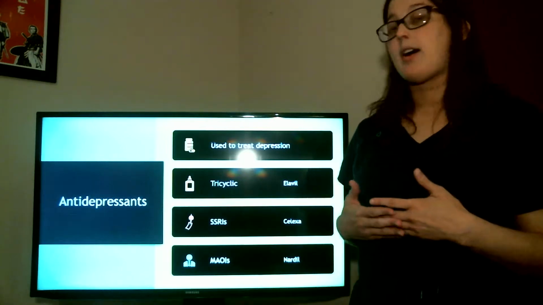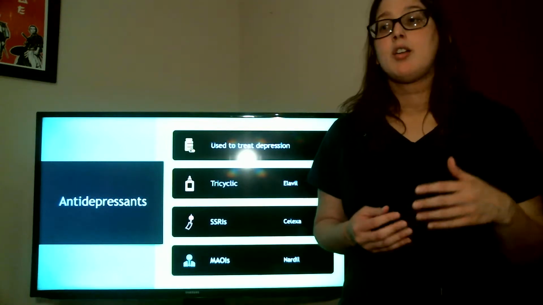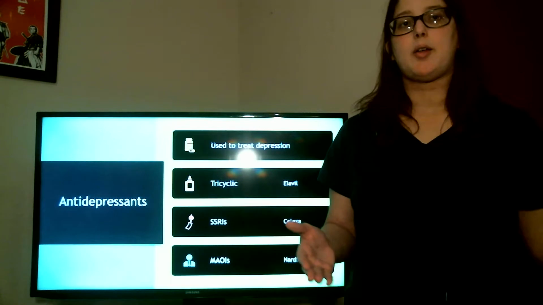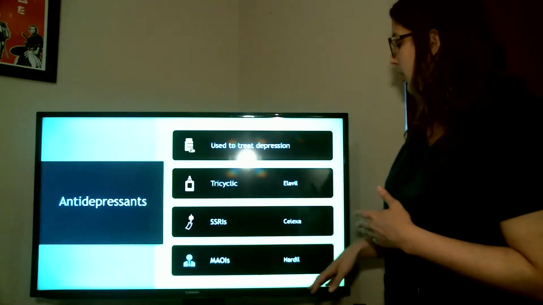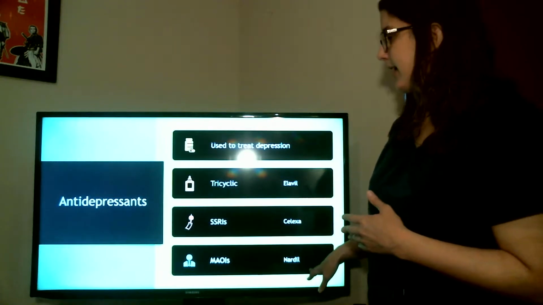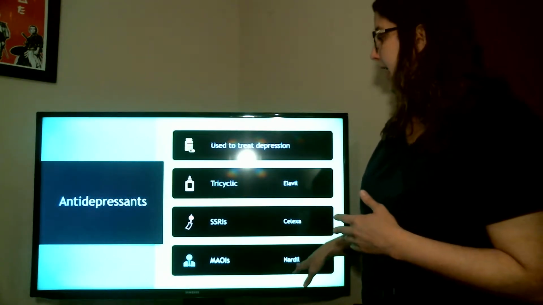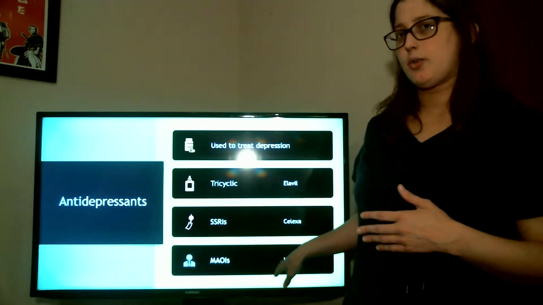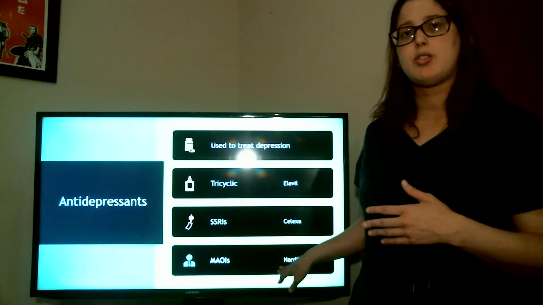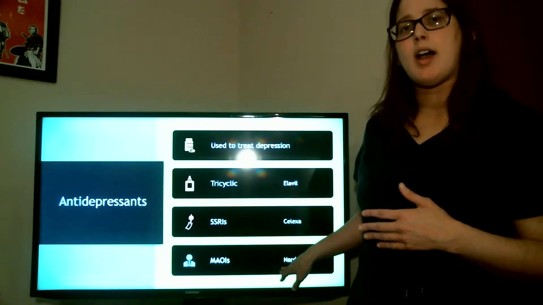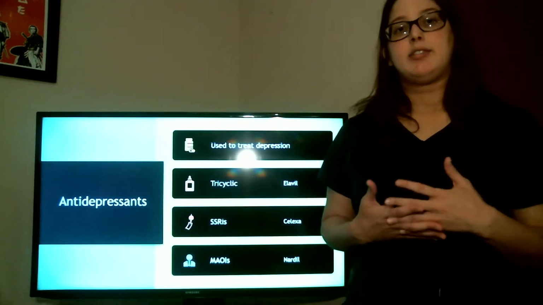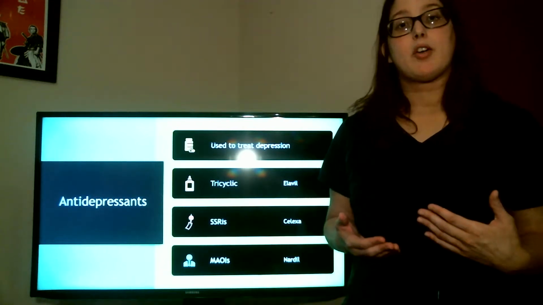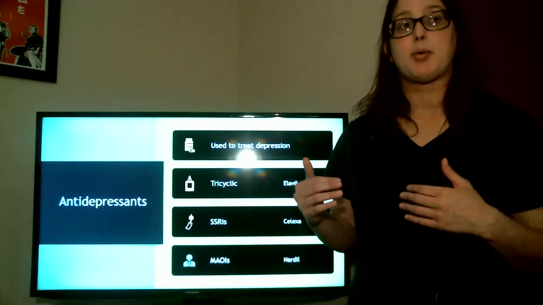The MAOIs are relatively old drugs, so they were developed before the SSRIs and things of that sort. So these drugs have a lot of side effects associated with them, and they have certain dietary restrictions. I believe you can't eat certain cheeses or drink wine or anything while you're on an MAOI. SSRIs have relatively low side effects, and they're often the first line to treat depression.